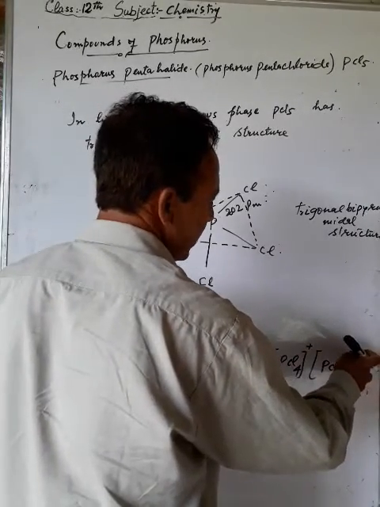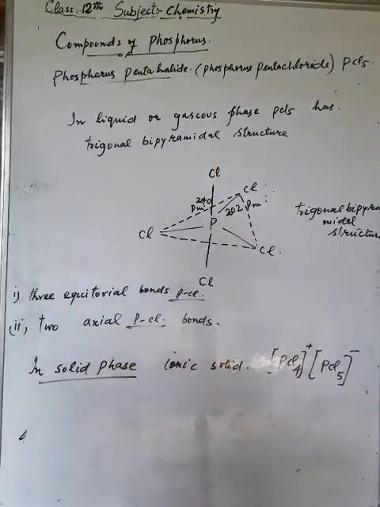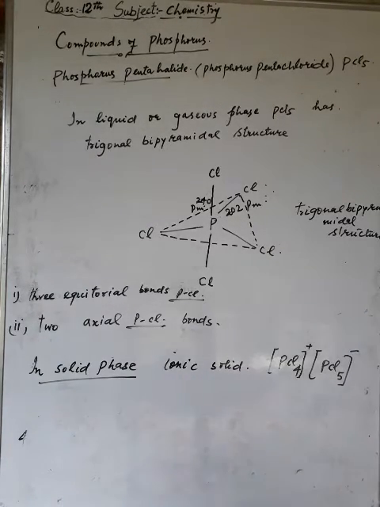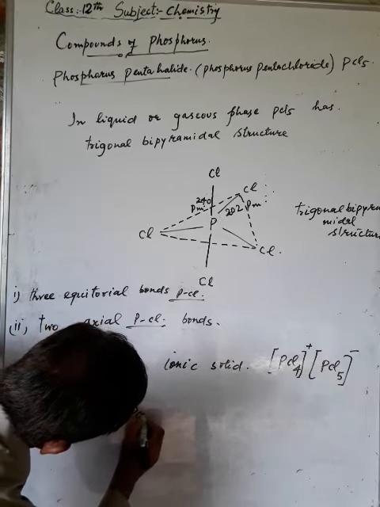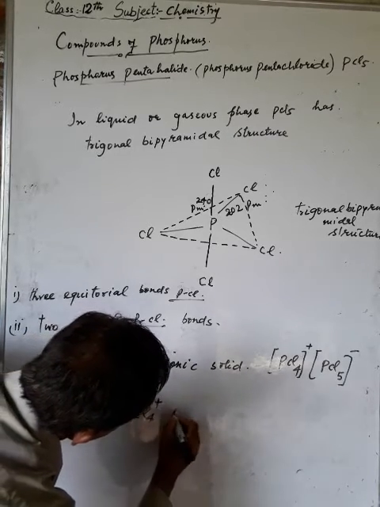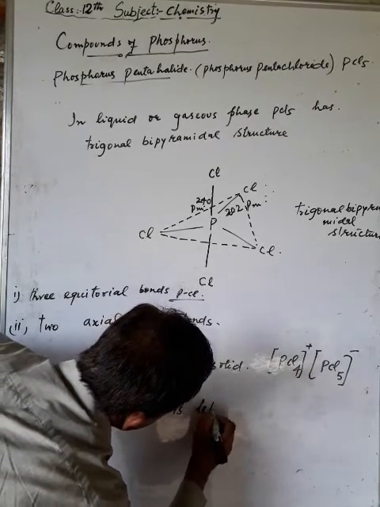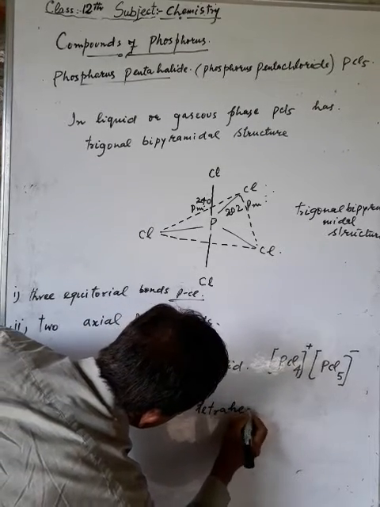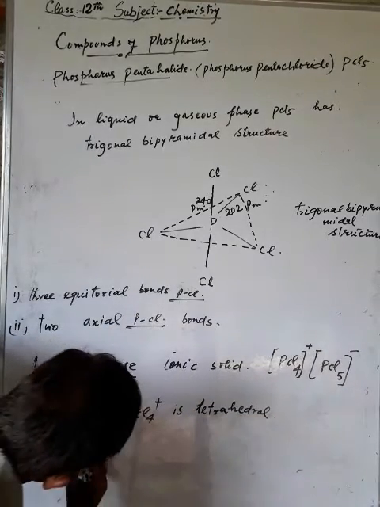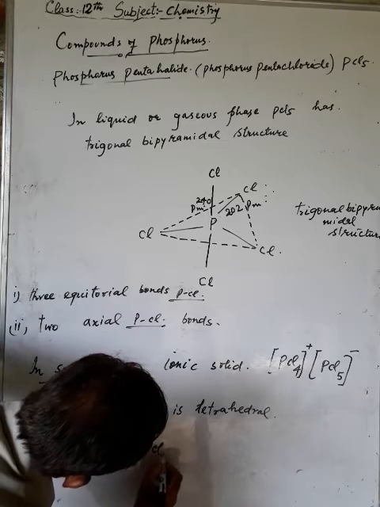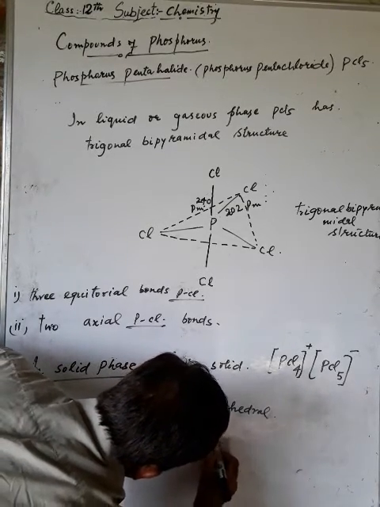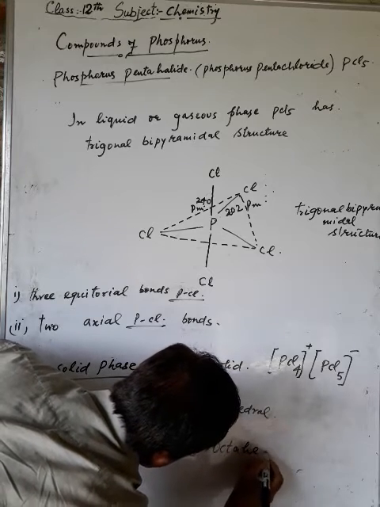The cation PCl4 plus is tetrahedral and the anion PCl6 minus is octahedral.